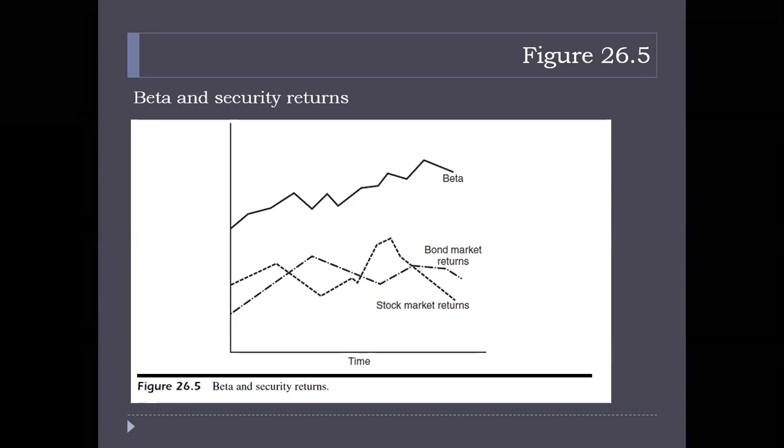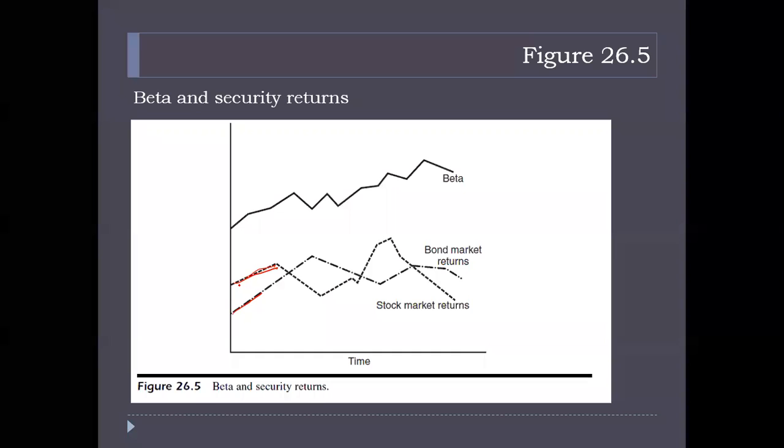So if you look at this diagram, the stock market return moves in this line and the bond market return moves in this line. This line is for the stock market and this line is for the bond market. Okay.